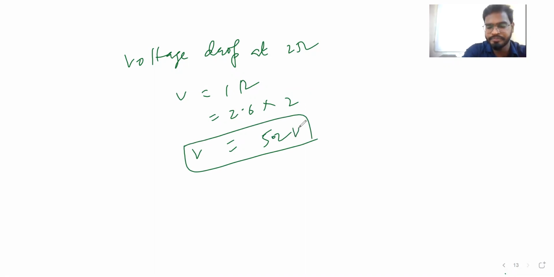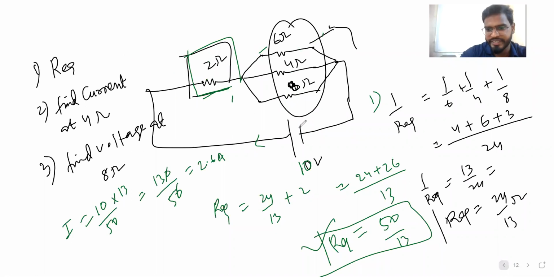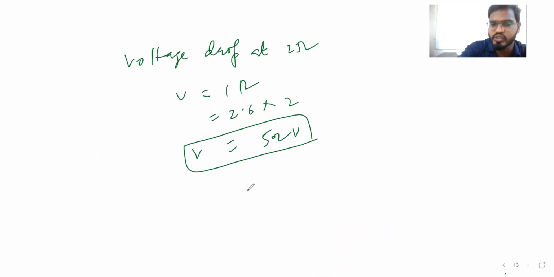Now we want to find the current here and all: the current at 6 ohm, 4 ohm, this 8 ohm, these things. Find current at 4 ohm. Total voltage is 10.